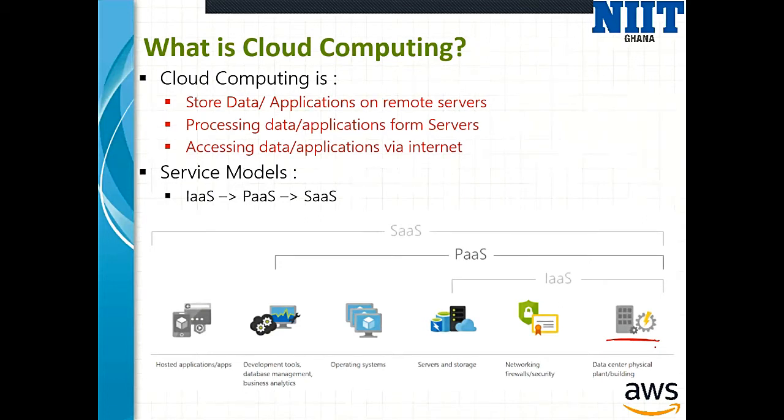This data center will hold all the physical hardware for the service provider. It will maintain all the network services, storage, compute, security, everything. You will be given a virtual machine, a VM, which is just like a physical machine for you, where you can install your own operating system. You can do whatever you like.